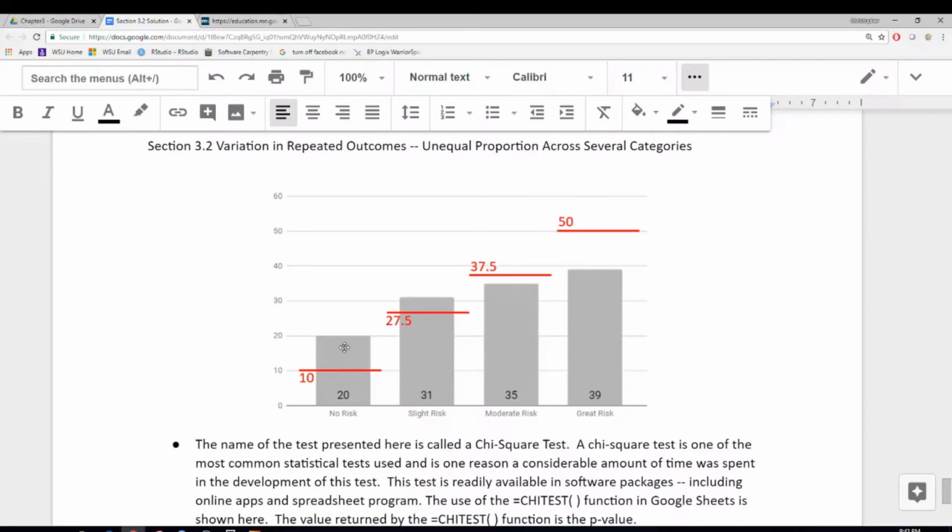You can see on the lower end of this distribution that the observed counts are actually higher than expected. And the lower end of this distribution is the more laxed opinions about alcohol abuse. On the high end, the numbers from Fillmore County are actually somewhat below the expected counts. So great risk and moderate risk, we don't have as many students saying that alcohol is of great risk in this particular situation.